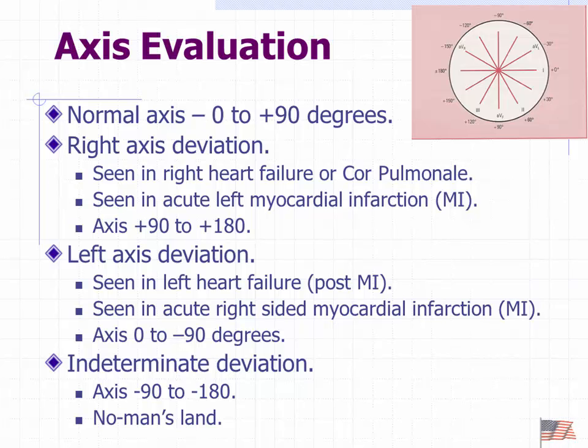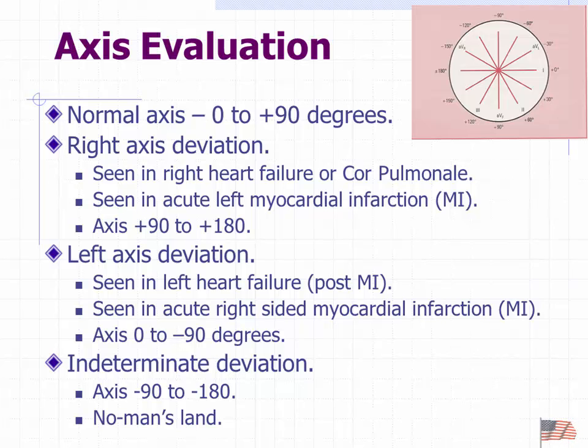The opposite. So normal axis deviation, right axis deviation, left axis deviation. Fourth quadrant, upper left, we call indeterminate. It's also known as no man's land.